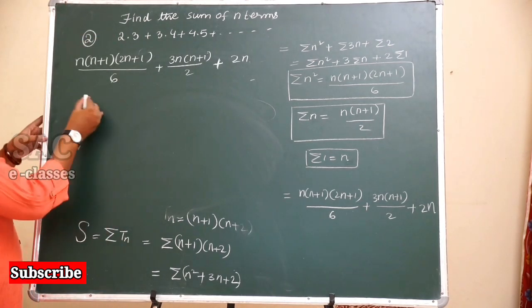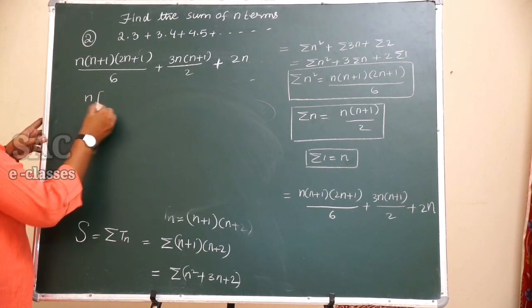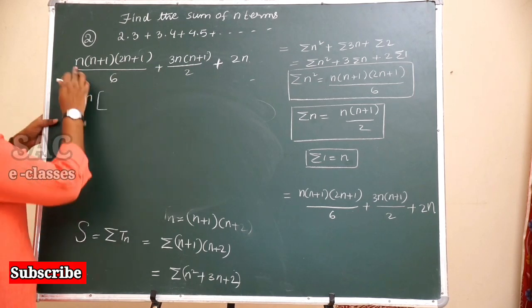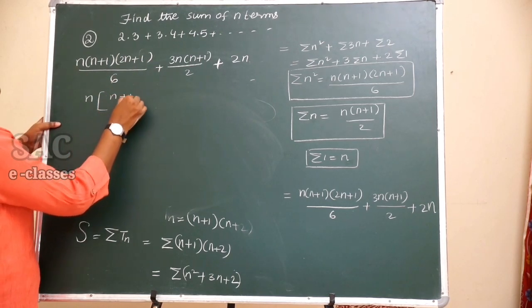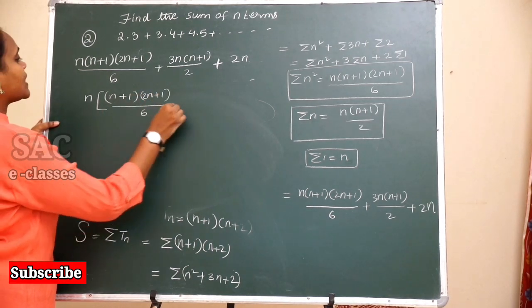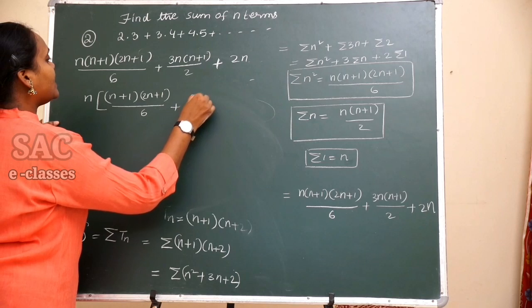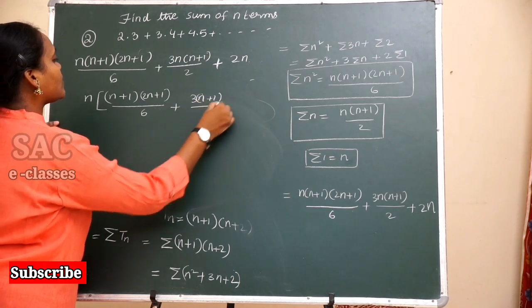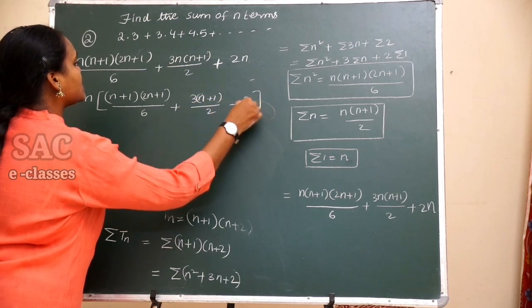Now look here. Let me take out the common factor where possible, that is n. What is left over? n plus 1 into 2n plus 1 by 6, and 3 into n plus 1 by 2 cannot be taken, plus 2 is left over.